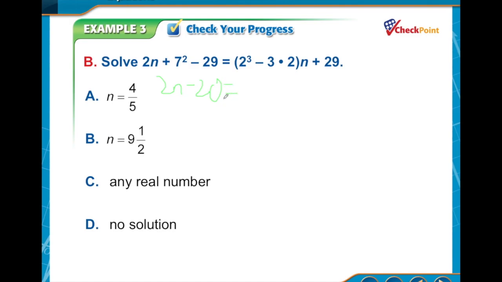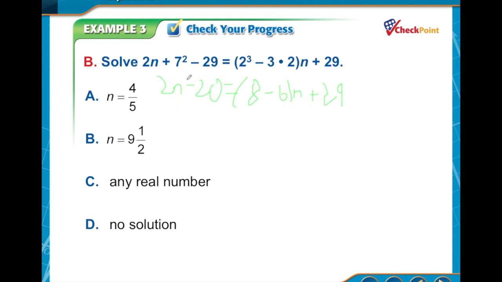So one step on the left. Now let's work on making the right a little bit easier to deal with. I know 2 to the third power is 8. So parenthesis 8 minus 3 times 2 is 6. We have times n and plus 29. Now we can simplify one more step.